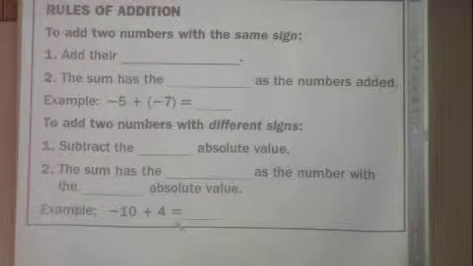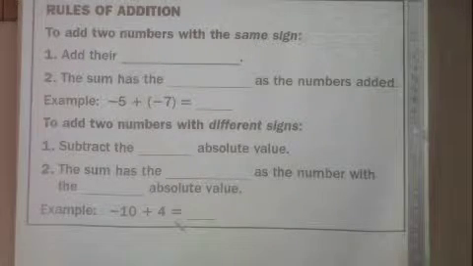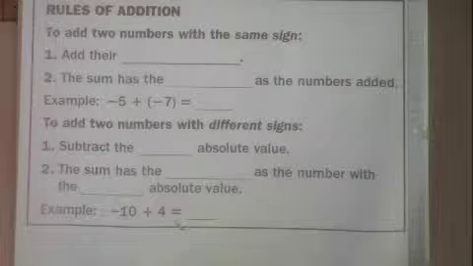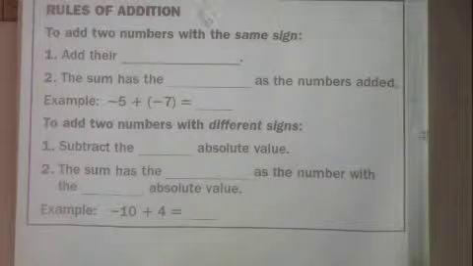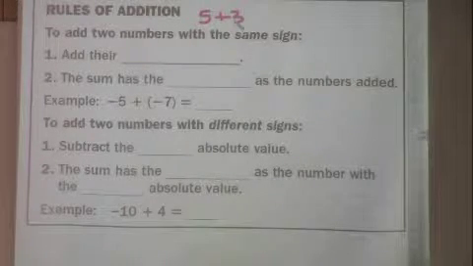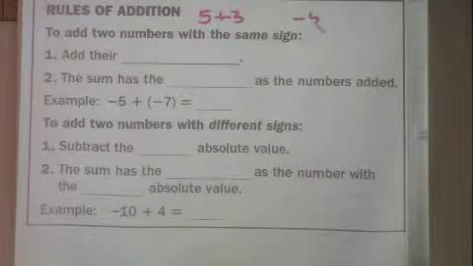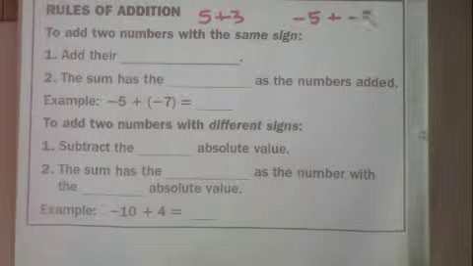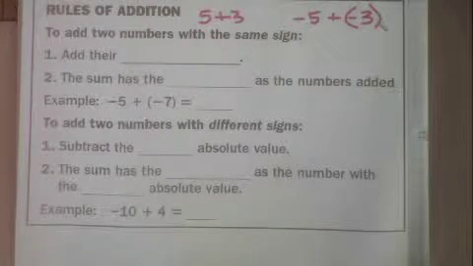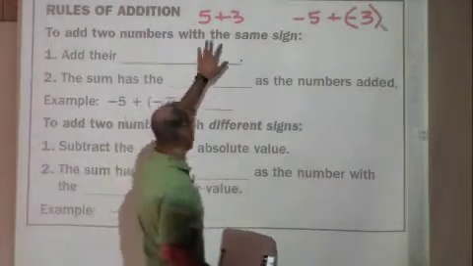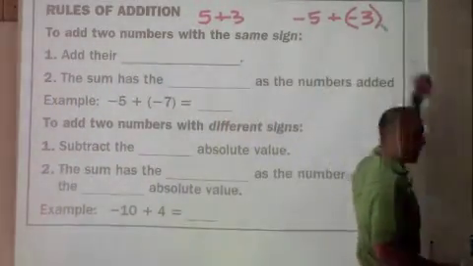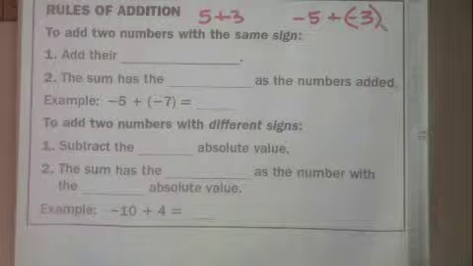Here's the big idea, rules of addition. If you add two numbers with the same sign, let's say I had 5 plus 3, or let's say I had negative 5 plus negative 3. If I have two numbers with the same sign, so positive, positive, and negative, negative, what's the sign going to be for the answer?